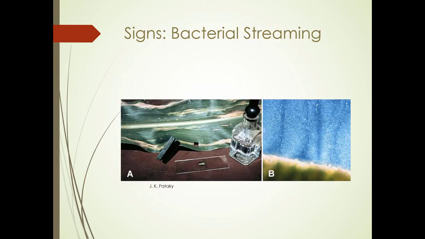So Stewart's wilt is a disease that you'll see on corn. If you take a section of a corn leaf that has symptoms and drop it in water on a microscope slide, you'll see this bacterial streaming, and this is with a compound microscope, and it's Erwinia stewartii.